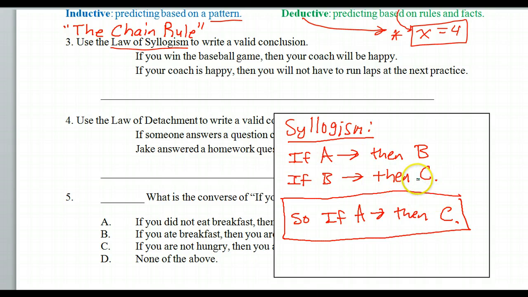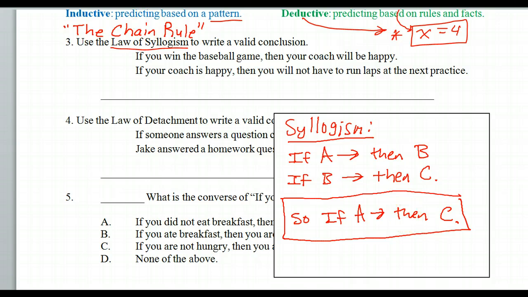So that is syllogism. We're going to use the law of syllogism to write a conclusion. Understand the conclusion of syllogism is this new if-then statement that connects the first thing and the last thing. So our conclusion will be an if A then C situation.